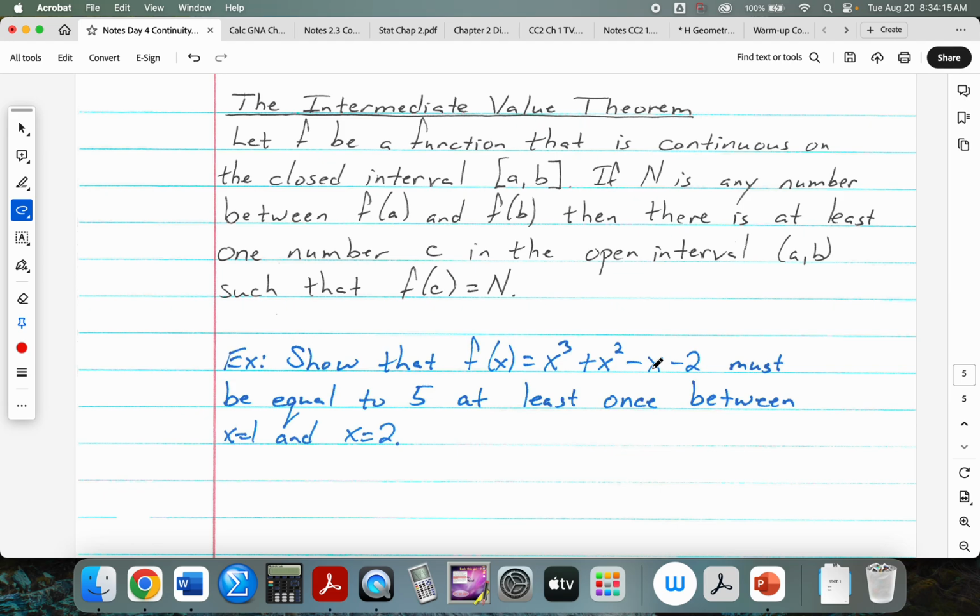So I passed a gas station, and what does gas go for these days? $3. So let's say that it was $2.89, and then on my way home today, it's $2.95. Did the price ever have to be $2.90?